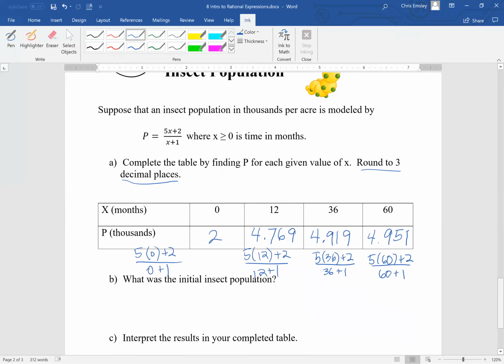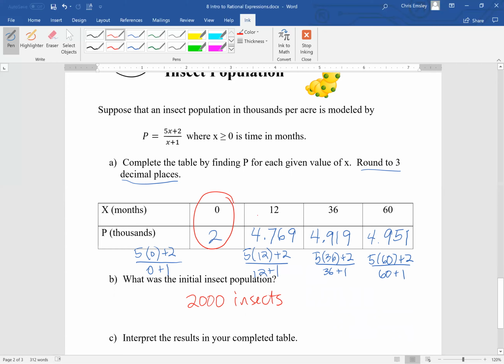Part B, what is the initial insect population? Well, the initial would be when time equals 0. So it was 2,000 insects when we started. Interpret the results in your completed table. Well, you can notice that if we look at these numbers, they are getting bigger, but they're not getting too much bigger.